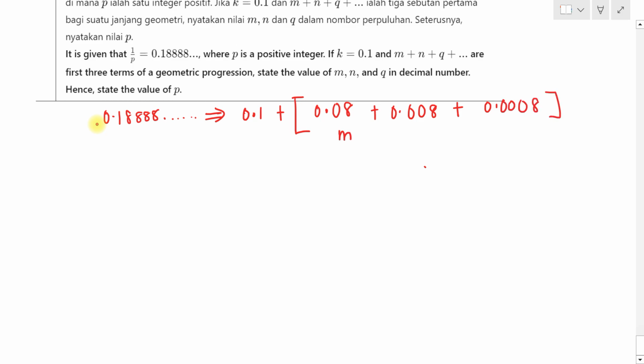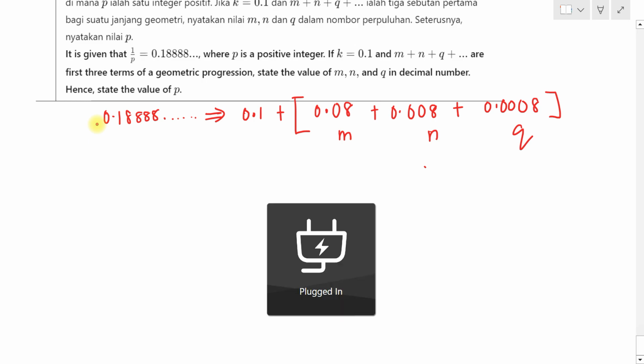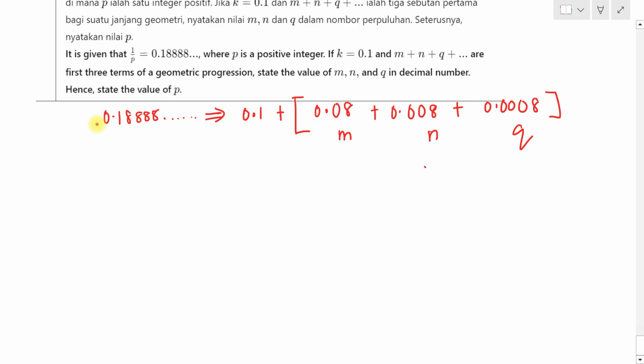So this is your m, this is your n, and this is your q. Alright. You try adding and see, you get the same thing.